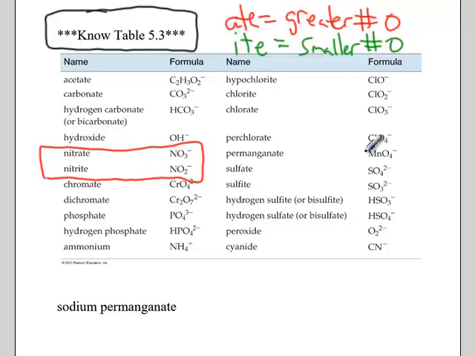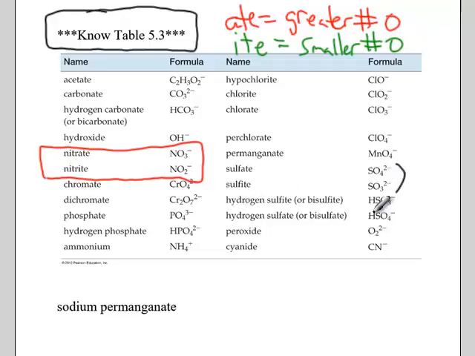So this goes together with more of these, such as over here you have sulfate and sulfite. If you can remember that sulfate has 4 oxygens, remembering that sulfite must have fewer, it's going to be SO3 2- instead of SO4 2-.